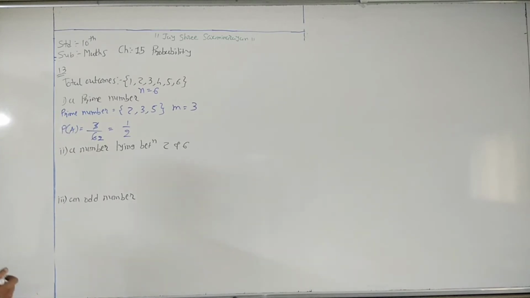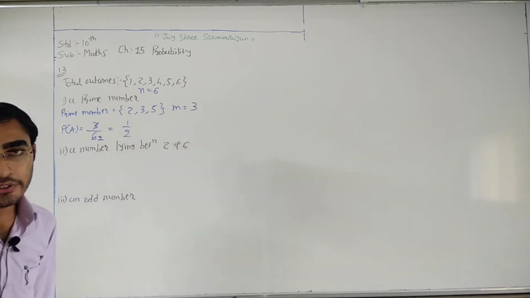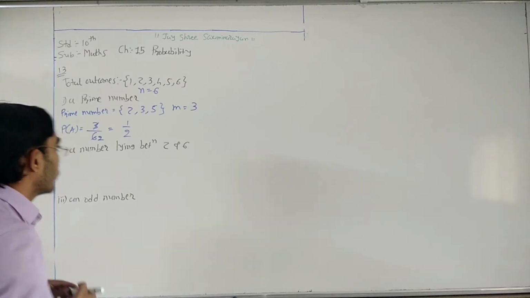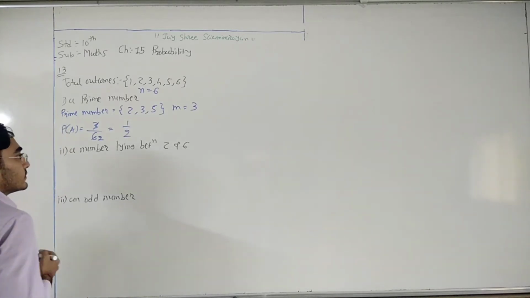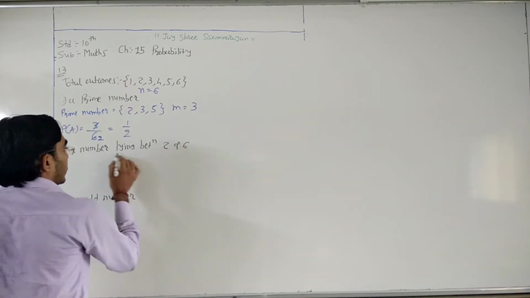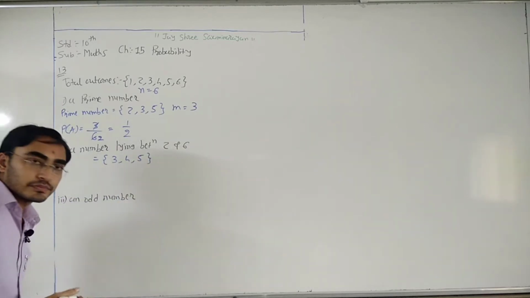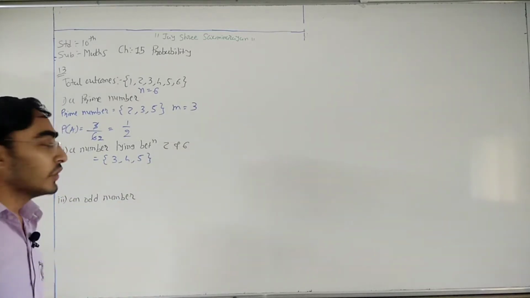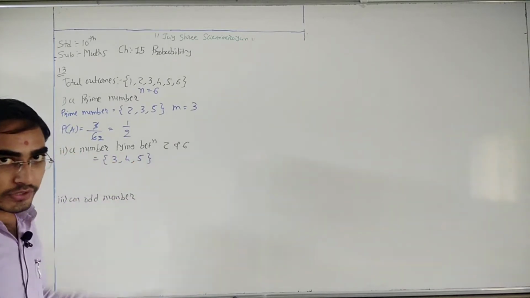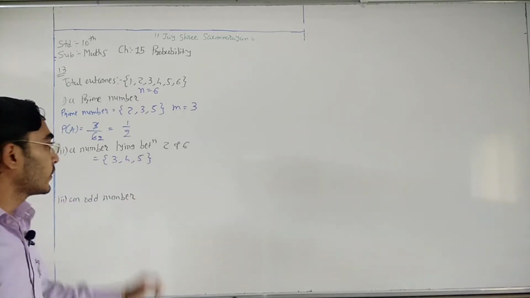Okay. After that, the second question: a number lying between 2 and 6. So our favorable outcomes: how many numbers are lying between 2 and 6? 3, 4 and 5, right? We do not need to consider 2 and 6, only numbers lying between 2 and 6. So 3, 4, 5. In between 2 and 6, we have 3 numbers.